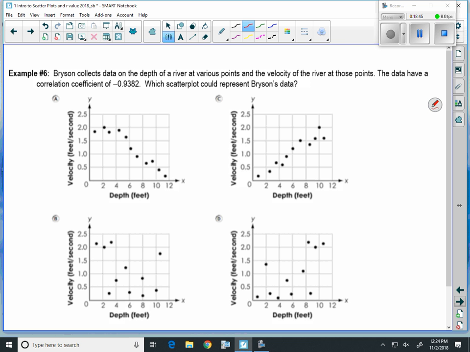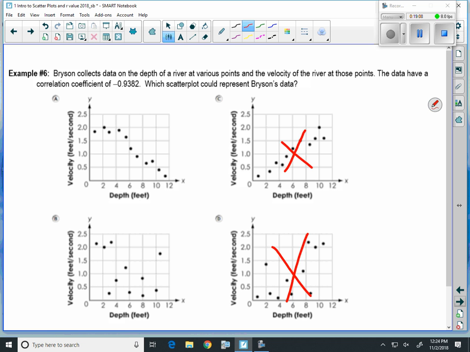Audrey, which one do you want to cross out? D. Why do you say D? Because that's positive and it's also weak. Okay, very weak. What else? Kiwi, what else? Why? It's very positive and it's very strong. So just tell me what you think the answer is.